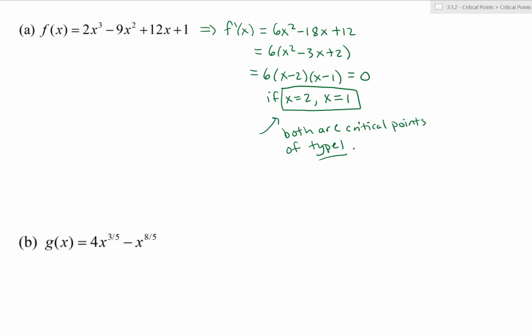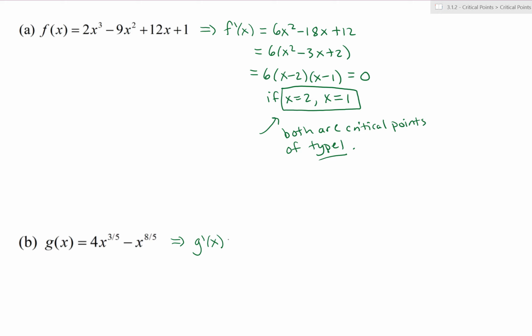So we should take note that the domain of this function is all real numbers x, and so any type of critical points that we're looking for, we know that already these values are going to belong to the domain of the function. Now, what else happens?